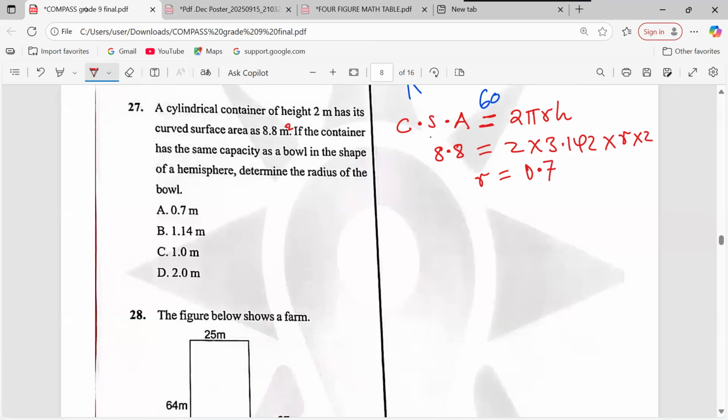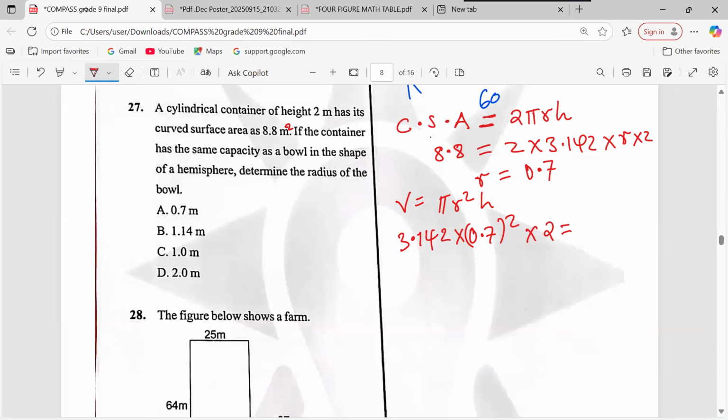Remember, volume in a cylinder is base area pi r squared, then times h. So the volume of this cylindrical container is 3.142 times radius 0.7 squared, times the height of 2, which should be the same as the volume of the ball.